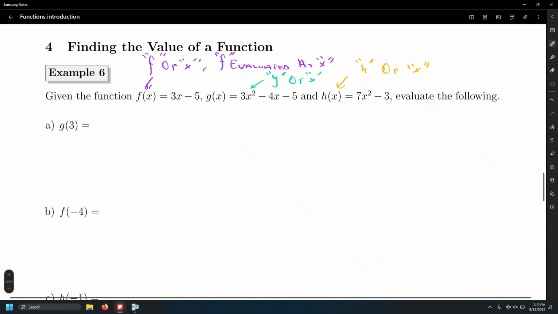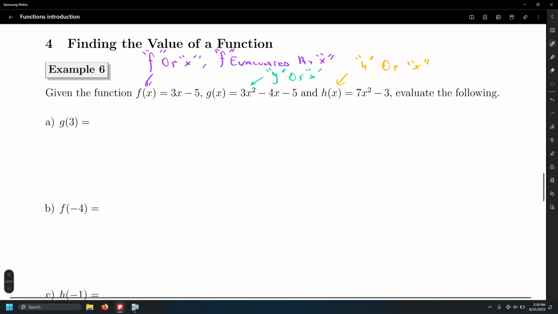Of course, other letters come into play depending on the situation. For example, in a pre-calculus course or in college algebra, when you look at rational functions, typically they use uppercase letters like big F, big G, big H, also big R, for rational. Well, you'll get into those later.